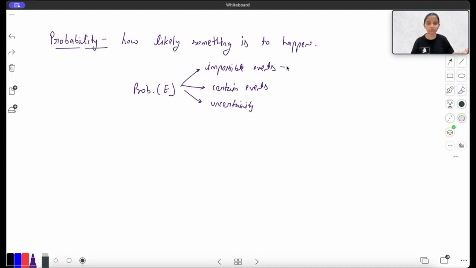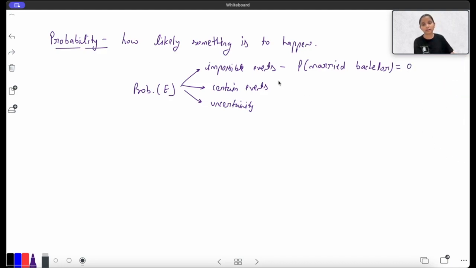Let's talk about impossible events. For example, what's the probability of a married bachelor? The person who is already married can't be a bachelor, and if he is a bachelor, he can't be married, right? So the probability corresponding to this event would be 0, because this is an impossible event.